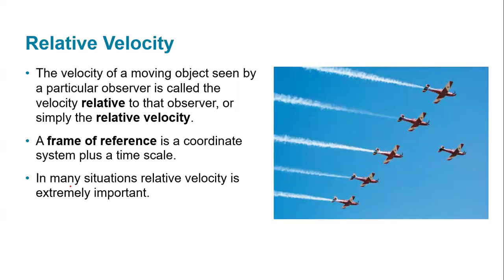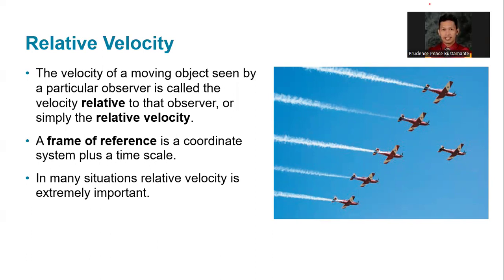So for the last topic of this chapter, it talks about relative velocity. So what is relative velocity? The velocity of a moving object seen by a particular observer is called the velocity relative to that observer, or simply the relative velocity. Okay, so let's define what they mean by frame of reference. The frame of reference is when you are the one observing, for example, the speed of a particle, you use a coordinate system plus a time scale.